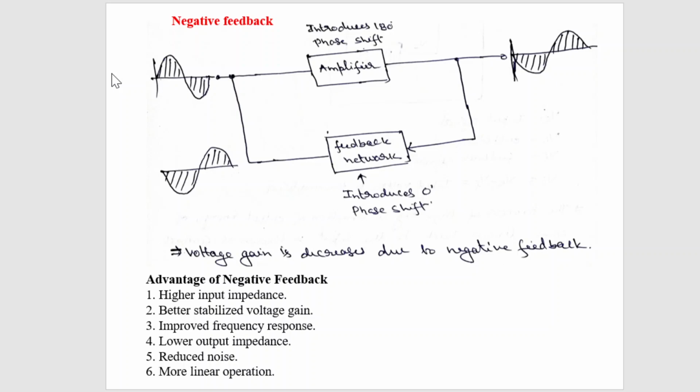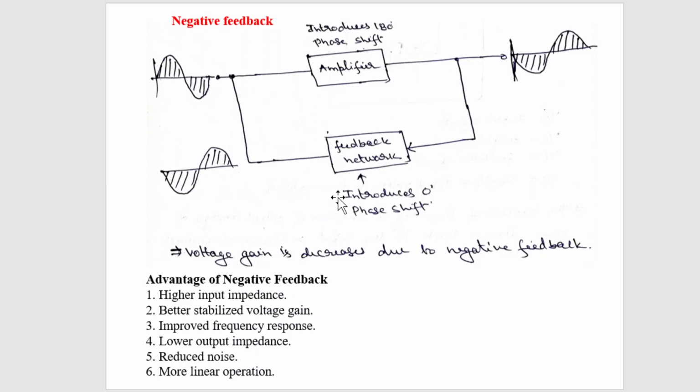Because negative feedback decreases the gain, one can reduce the distortions or noise of an amplifier circuit. This negative feedback has several other advantages: it gives very high input impedance and very low output impedance.